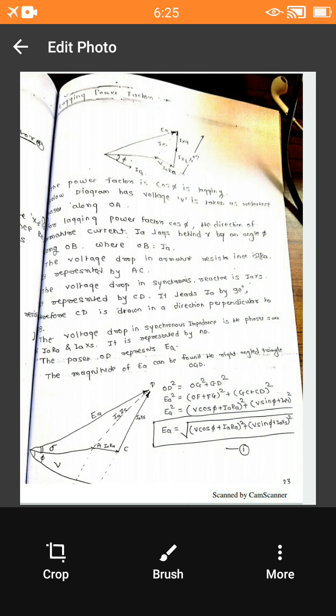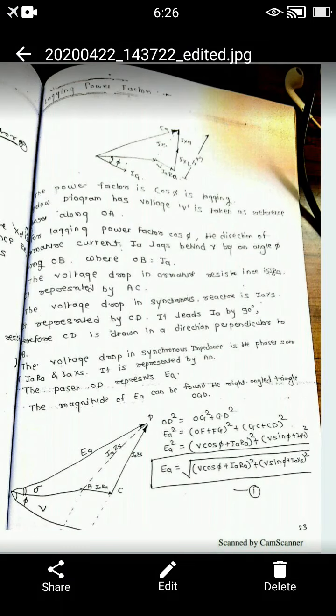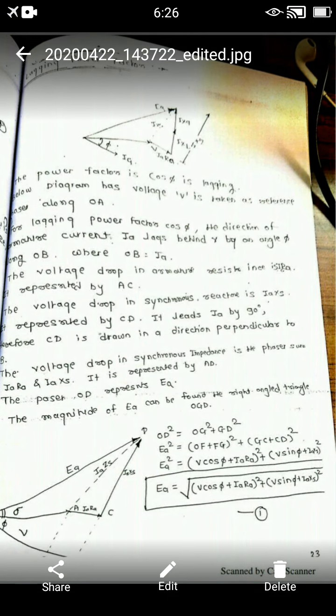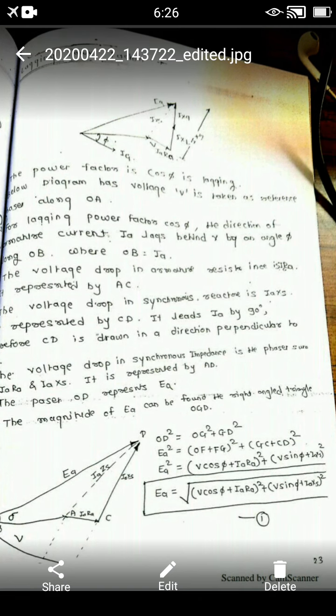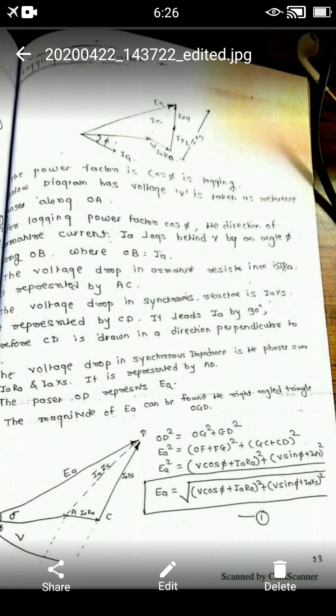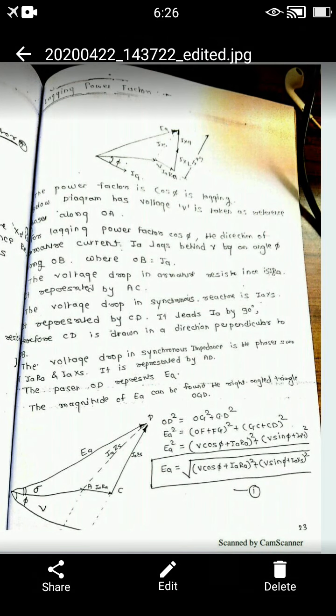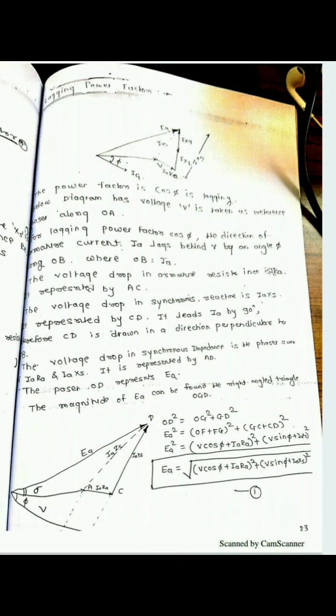So it gives the value of EA as the square root of (V cos phi plus IARA) square plus (V sin phi plus IAXS) square. This is the EMF generated from the equivalent circuit at a lagging power factor.